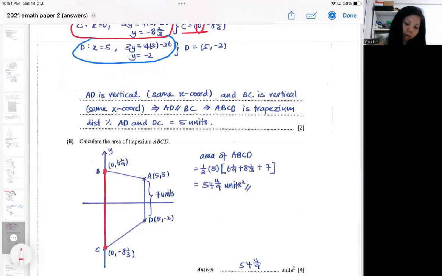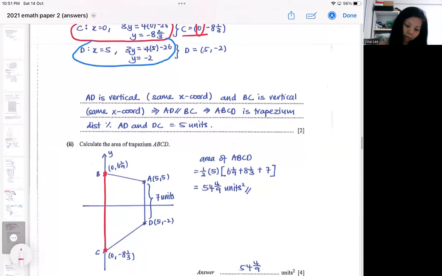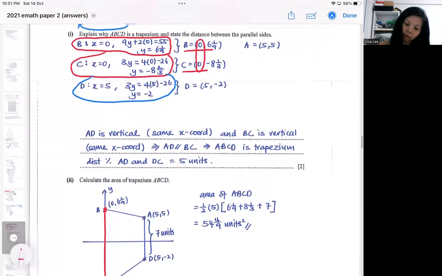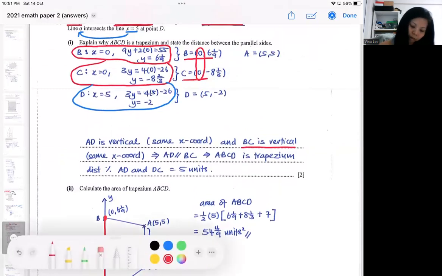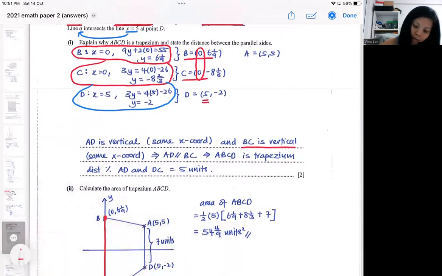Because they have the same x coordinate, it's actually vertical. Then A and D also have the same x coordinate. So AD is also vertical.